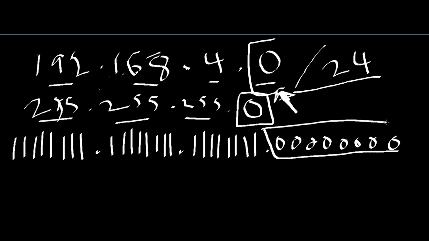That means I have 24 ones. And then I have 8 zeros at the far right side, at the ending. Okay, I get this. And the total is supposed to be 32 bits. That's how come I have 8. 32 minus 24 is 8. Cool.